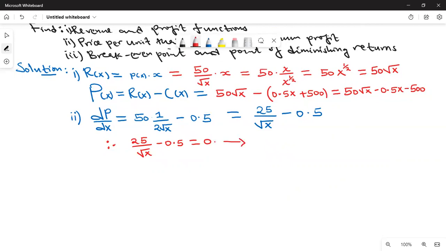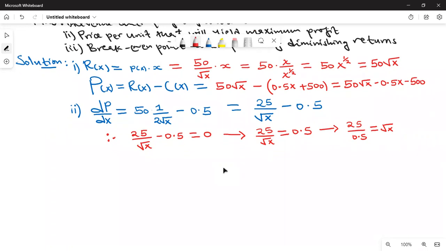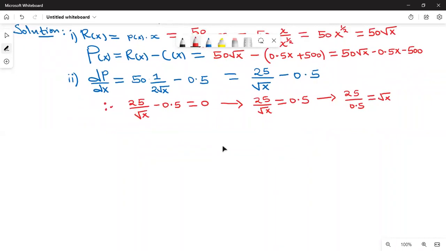Solve for x. So this means 25 over root x is equal to 0.5, of which we can write this as 25 over 0.5 is equal to root x. 0.5 is the same as 1 over 2. So 25 over 0.5, that is 50, because 0.5 is 1 over 2.